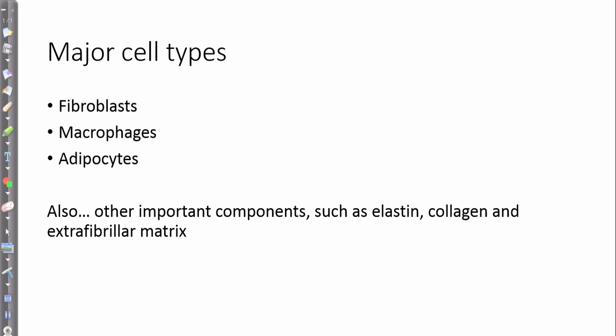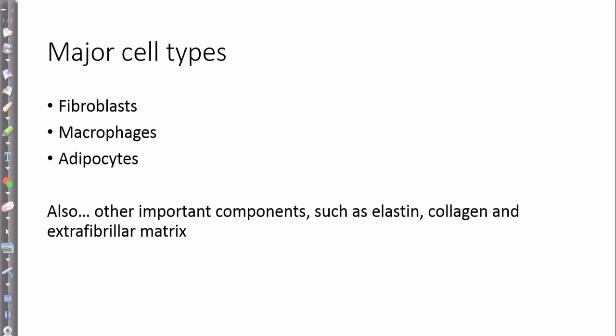So when we look at the major cell types we find in the dermis, we find fibroblasts, macrophages, and adipocytes. Fibroblasts are cells that produce more fibers, and the major protein types are elastin and collagen, and they have different roles, and we'll get to those in a second.